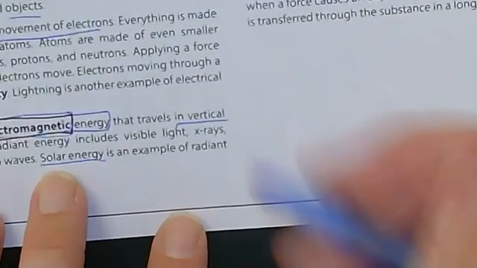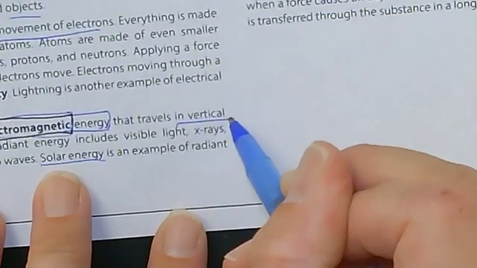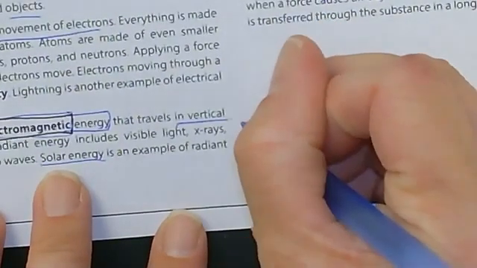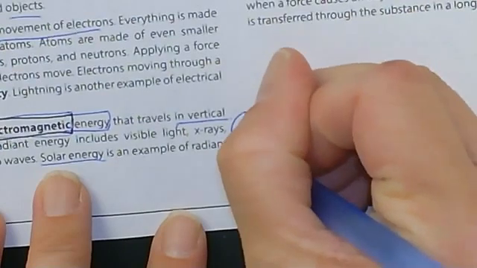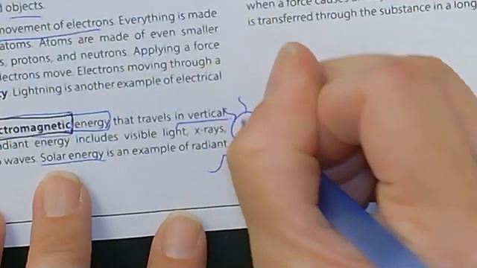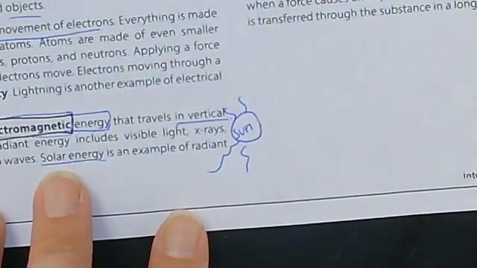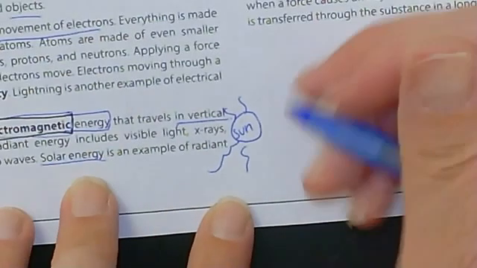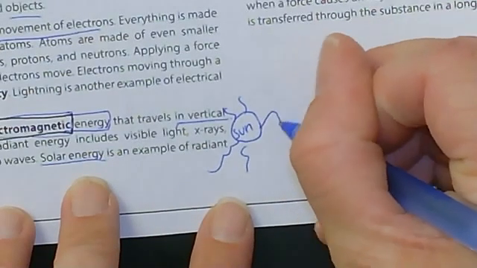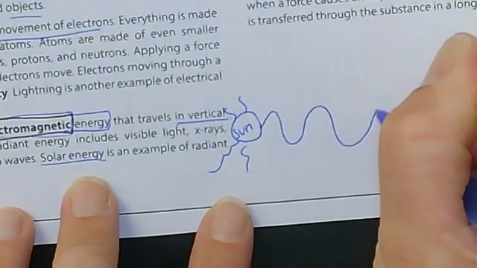So, off to the side over here, let's take a look at what vertical waves look like. So I'm going to pretend that here's my sun. When we say vertical waves, this is what we mean.